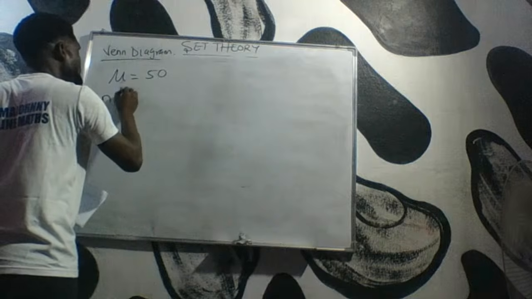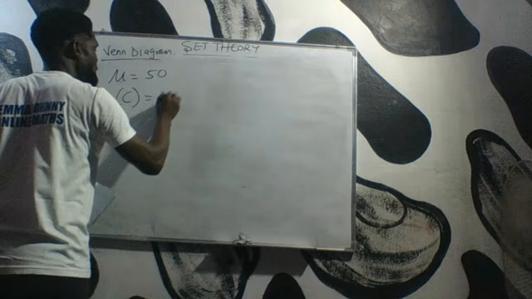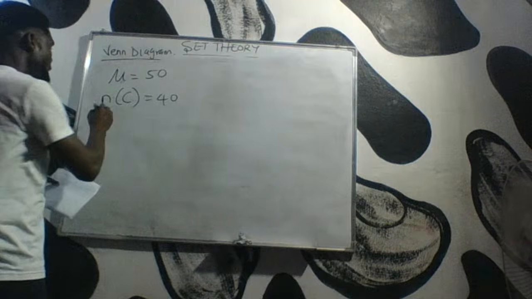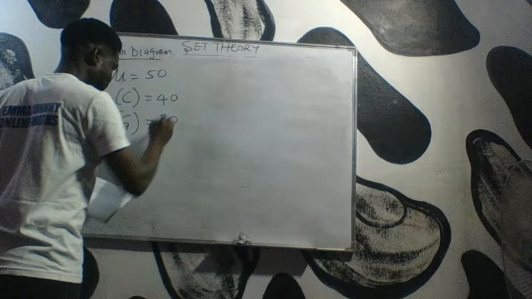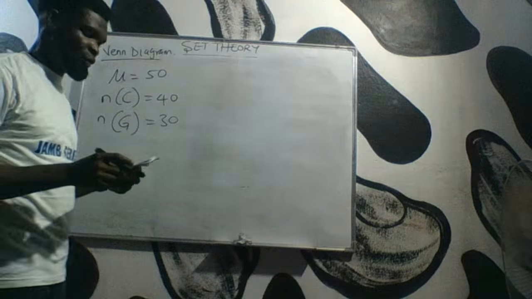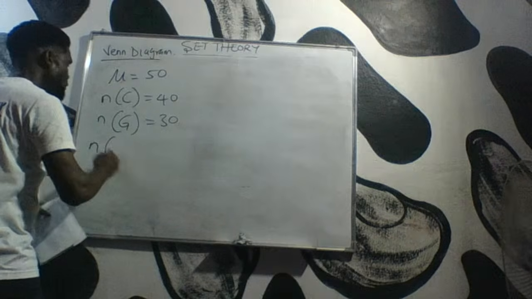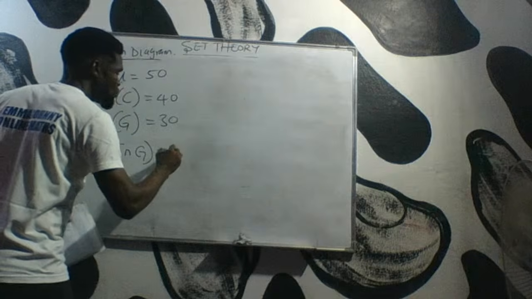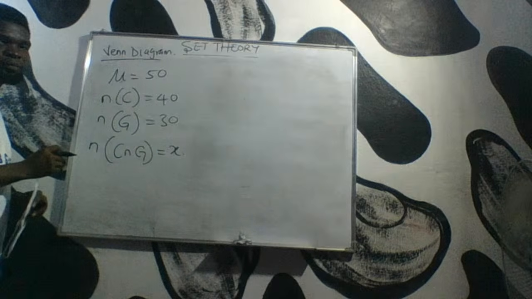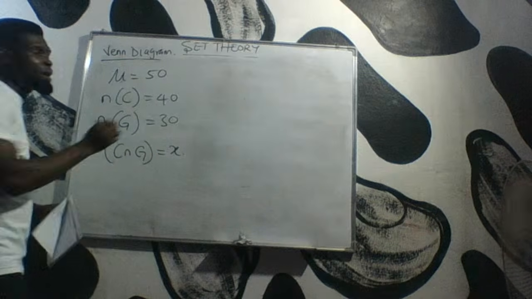Number that read Champion is 40. 30 read Guardian. Number that read Guardian is 30. How many read both? Number that read Champion and Guardian is one we don't know. We call it X. So now put this in a Venn diagram.